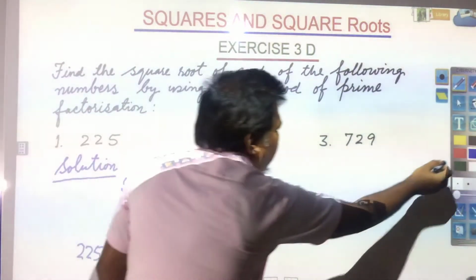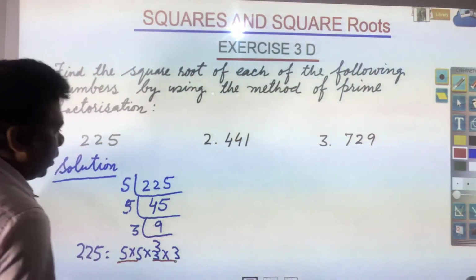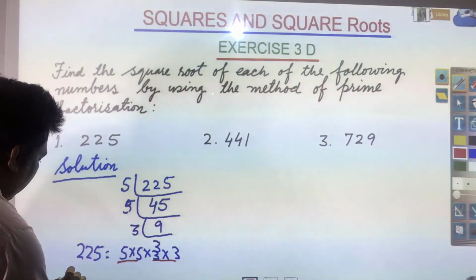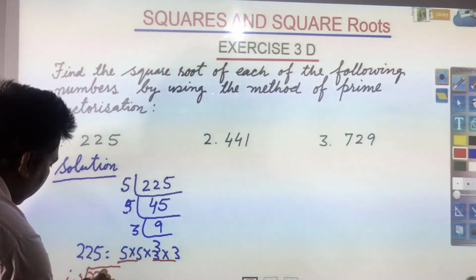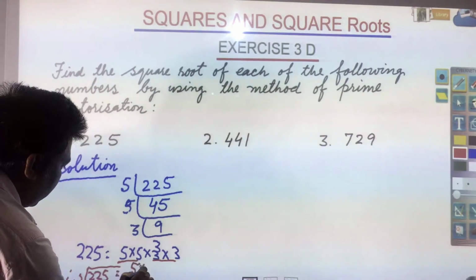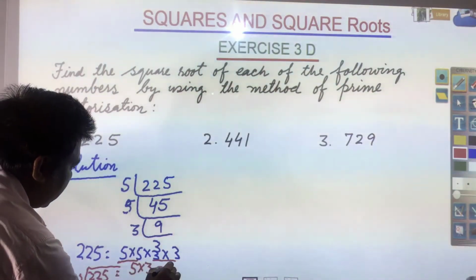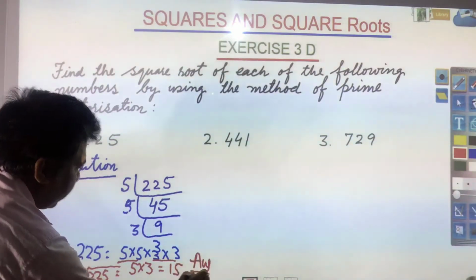Now, you have pairs of 5 and 3 and therefore, square root of 225 will be equal to 5 into 3, it means 15. And this will be your answer.